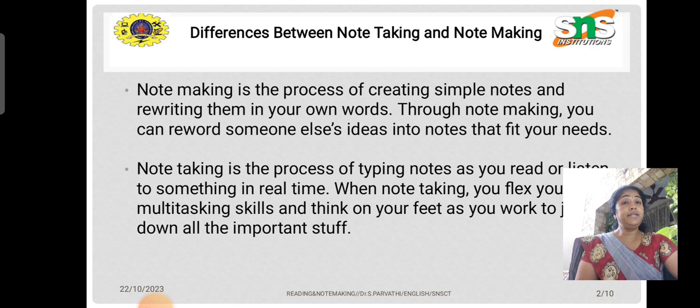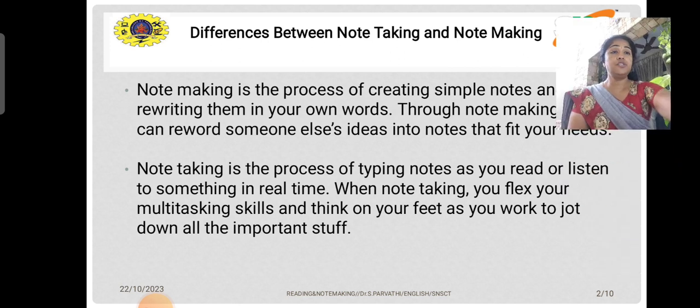Note taking is the process of typing notes as you read or listen to something in real time. When note taking, you flex your multitasking skills and think on your feet as you work to jot down all the important stuff. Okay, this is the difference between note taking and note making.